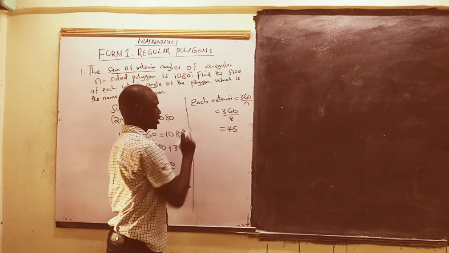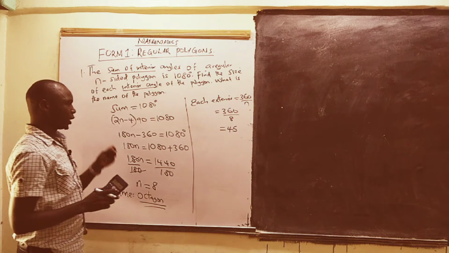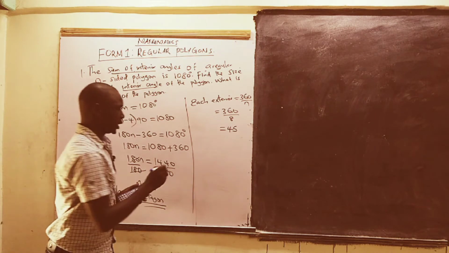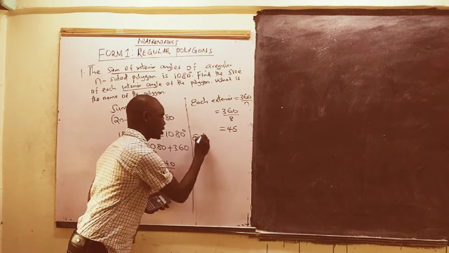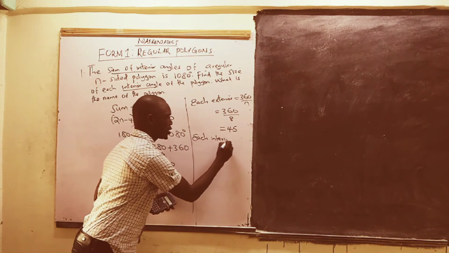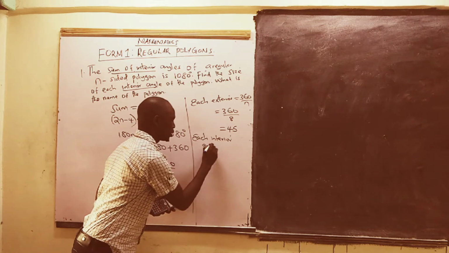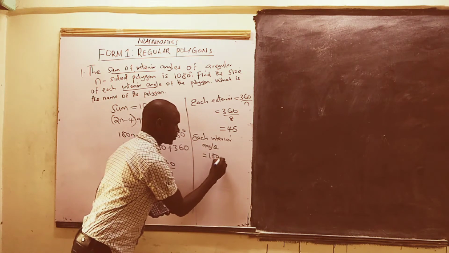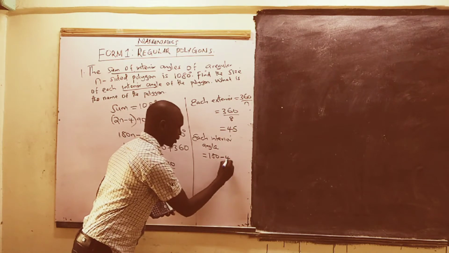45 is each exterior, but we know if you take exterior plus interior, we are going to get 180. Therefore, each interior angle is going to be equal to 180 minus each exterior, which is 45.